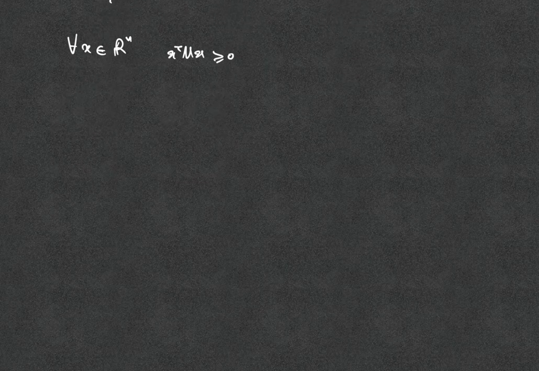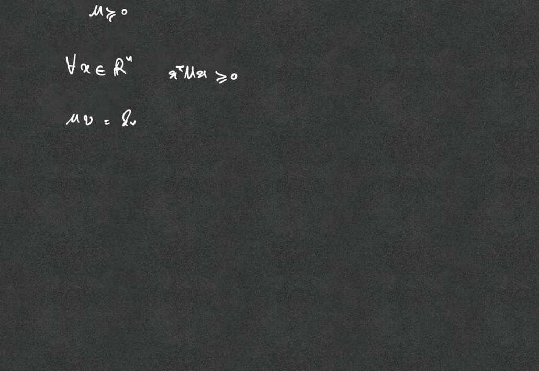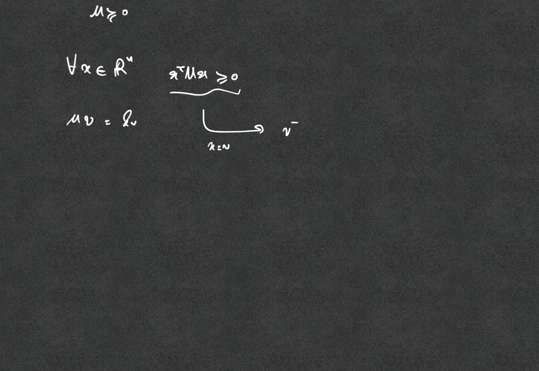Now, if you consider any eigenvector for matrix M, let's consider that V is an eigenvector of matrix M. In this case, a right eigenvector. What you have is essentially this. So you can substitute x with V in this equation and get this, which in turn becomes this.